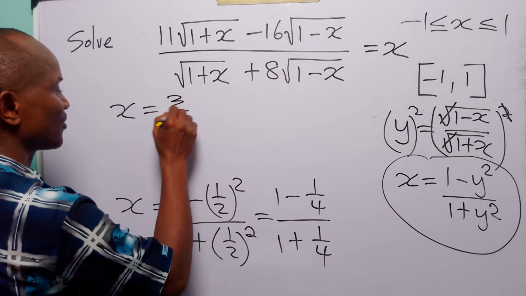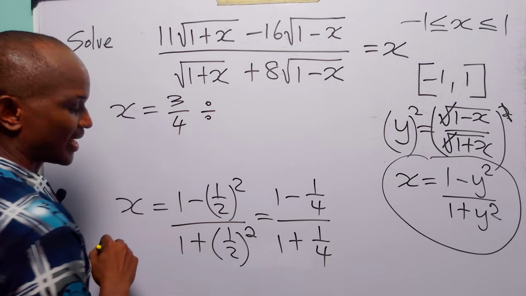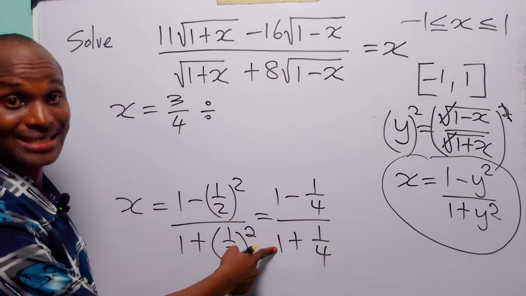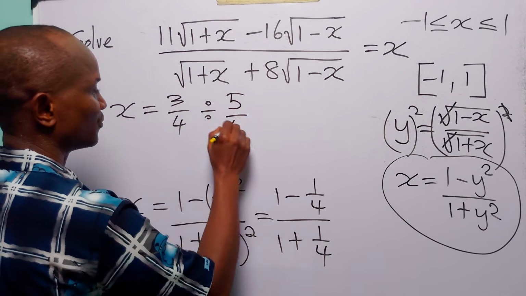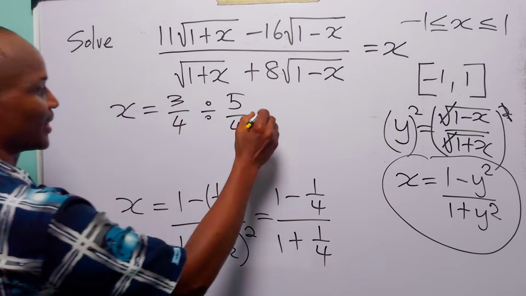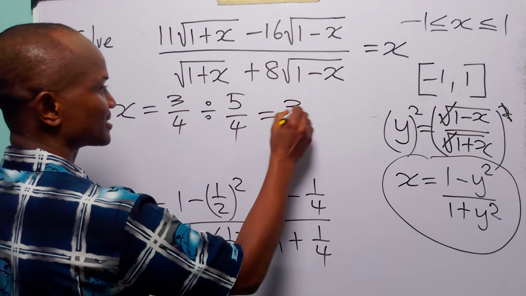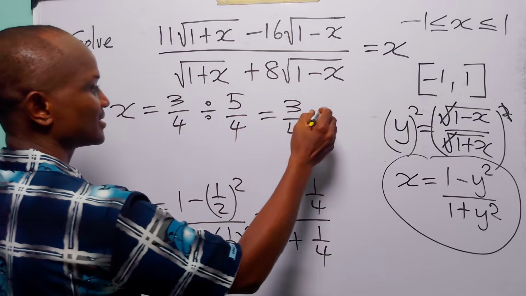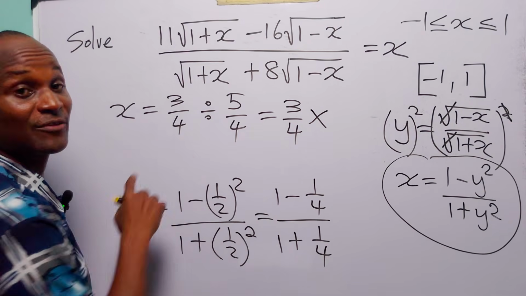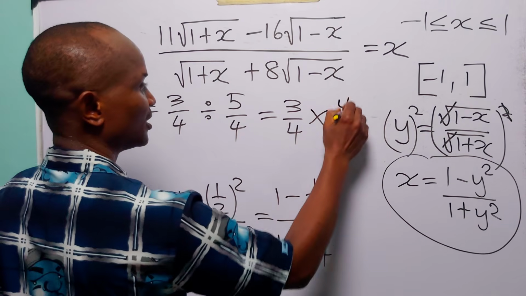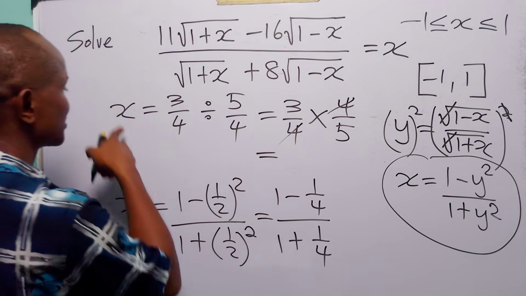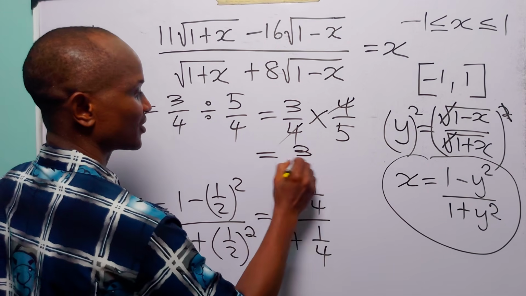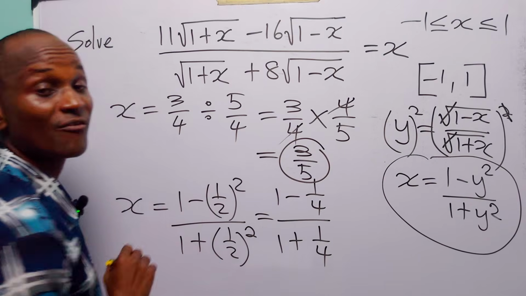So this is 3 over 4 divided by 4 times 1 is 4, 4 plus 1 is 5, 5 over 4. We change this to multiplication and we flip the dividing fraction. So we have 4 over 5. This will cancel this to give us that x is equal to 3 over 5.